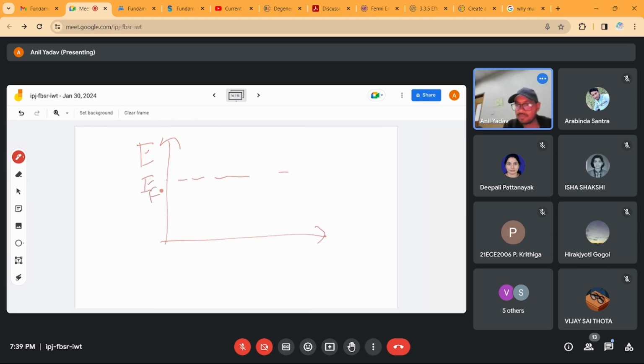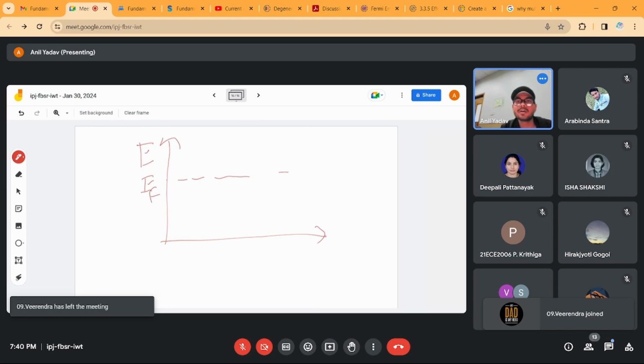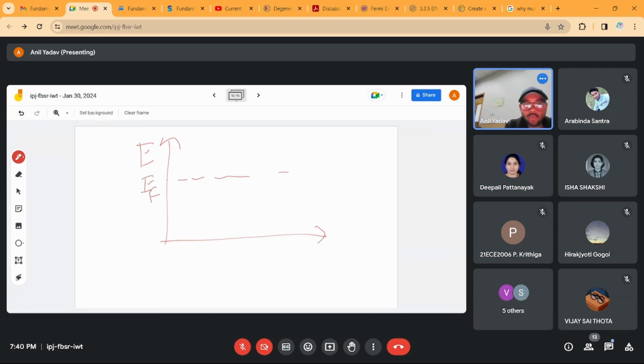So the probability of finding any electron above this EF is 0.